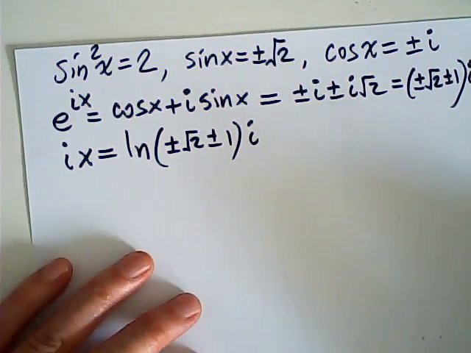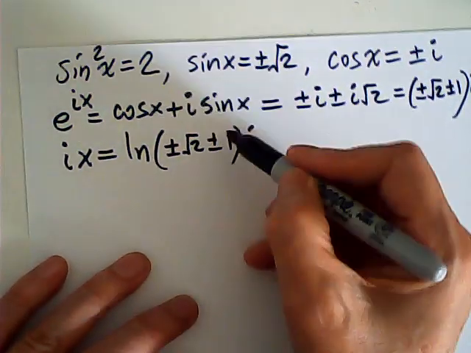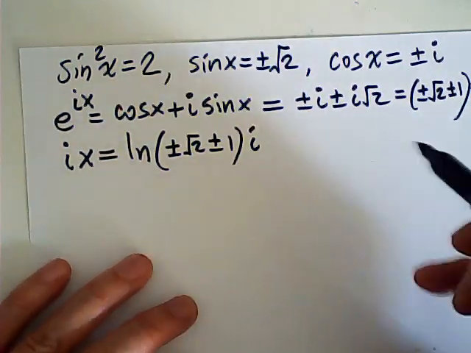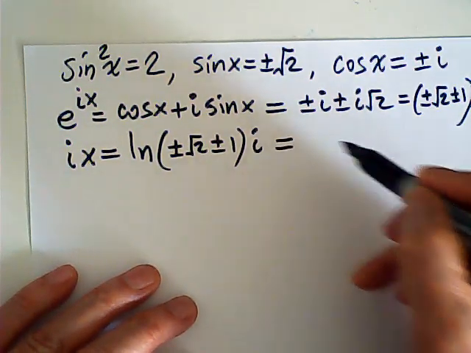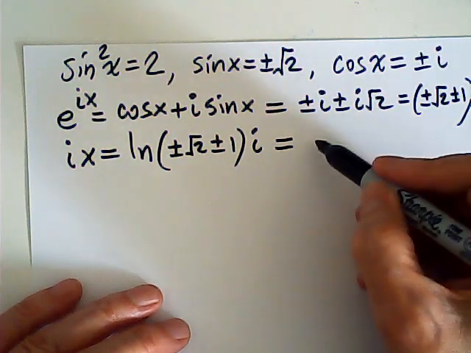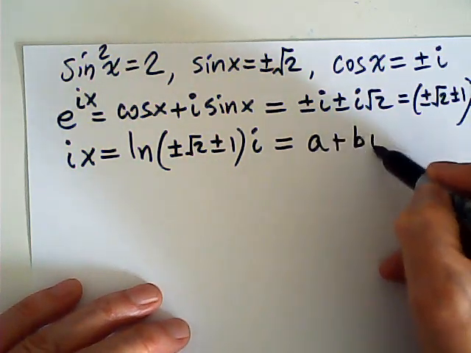All right. Now, obviously, these are complex numbers. Let me see. This is equal to a plus bi.